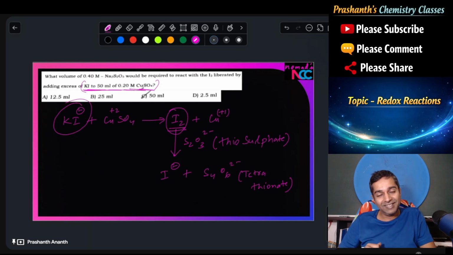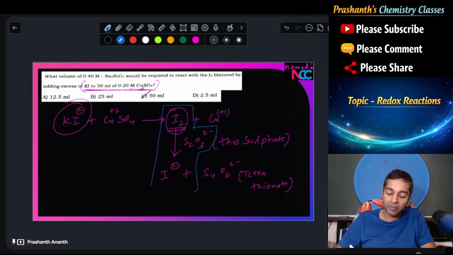Now I did say there's going to be a self-indicator part over here, so let me give that clarification first, then we'll go into the mathematics. What does self-indicator really mean? When you have the iodine plus thiosulfate reaction being done in a redox titration, is it really going to be a self-indicator or not?